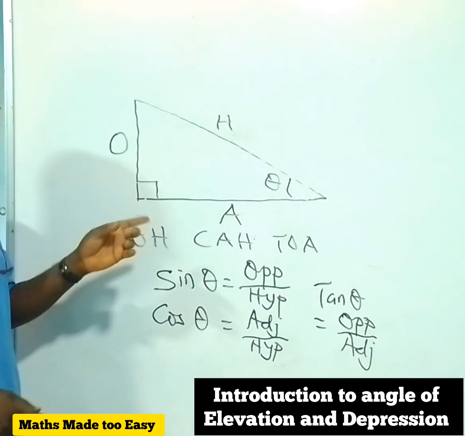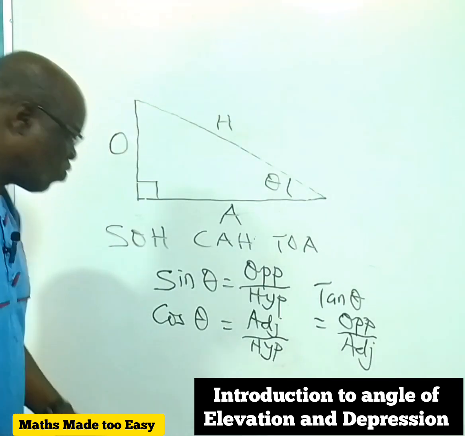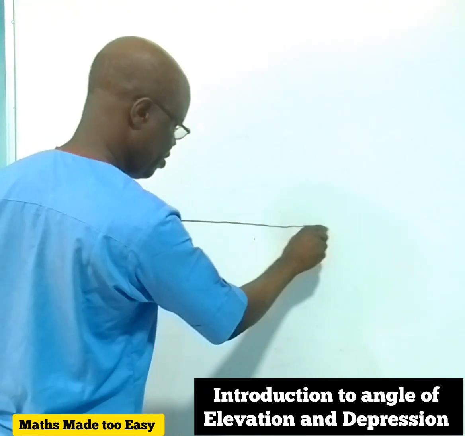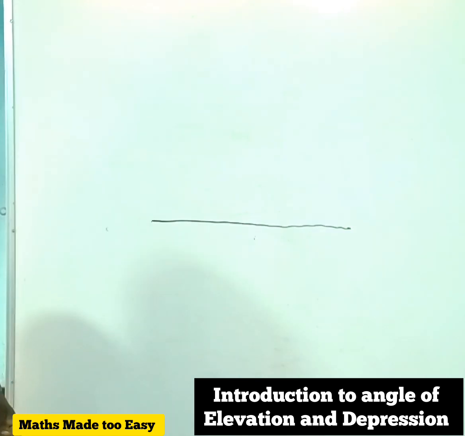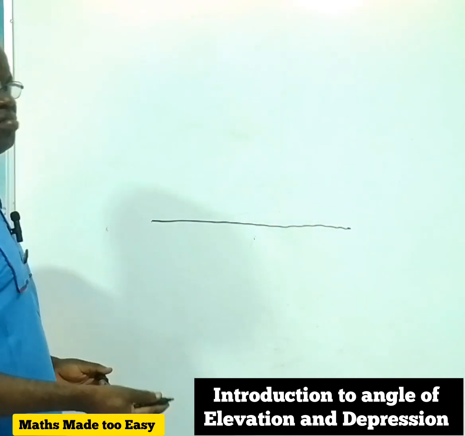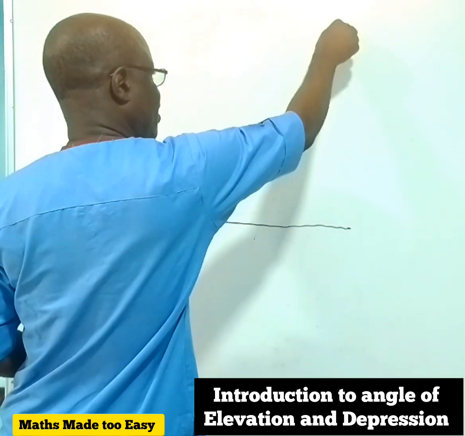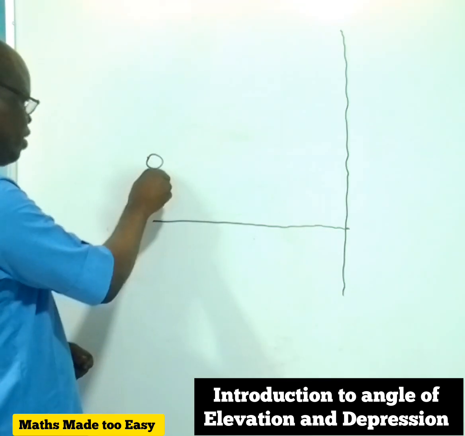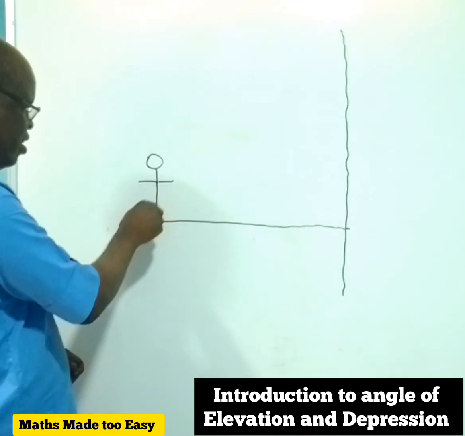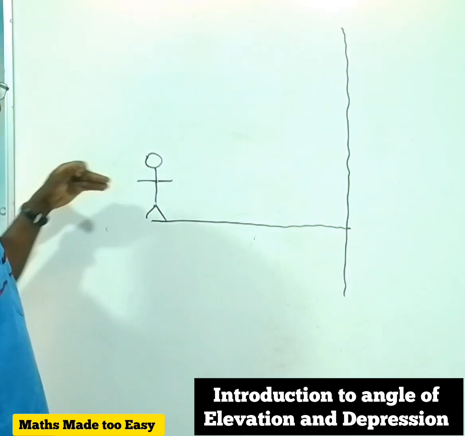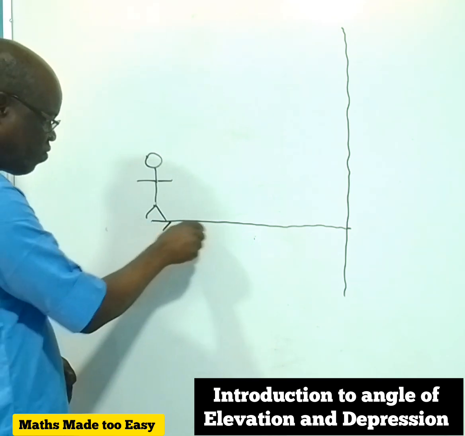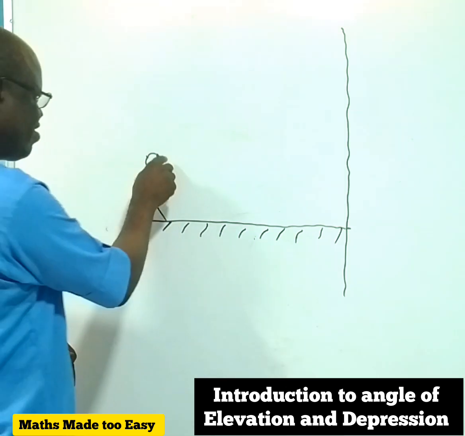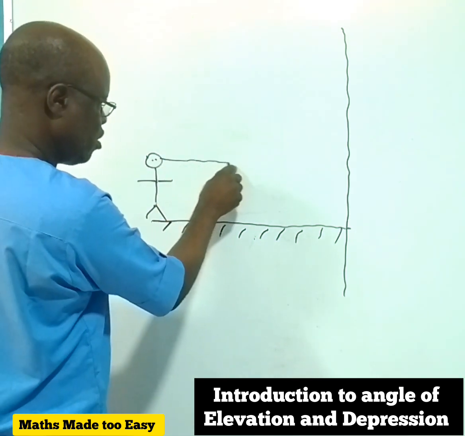Now we want to look at the angle of elevation proper, bearing all this in mind. Let's say we have this horizontal line, and then we have, let's call it a wall or vertical line. This is a vertical line. And then we have a boy that is here and is looking straight. Let's call this one the surface of the earth, the ground. And the boy is looking straight.